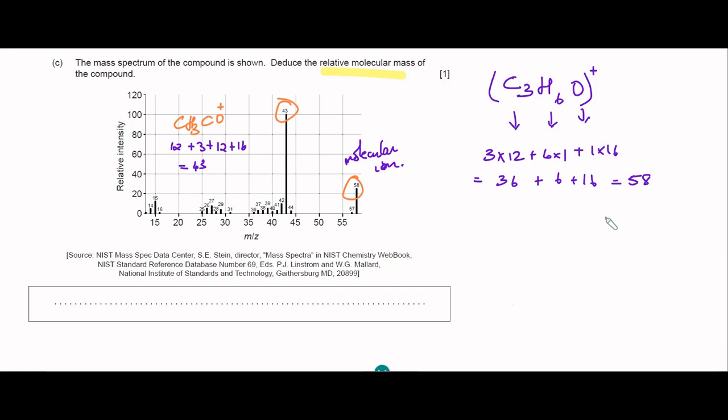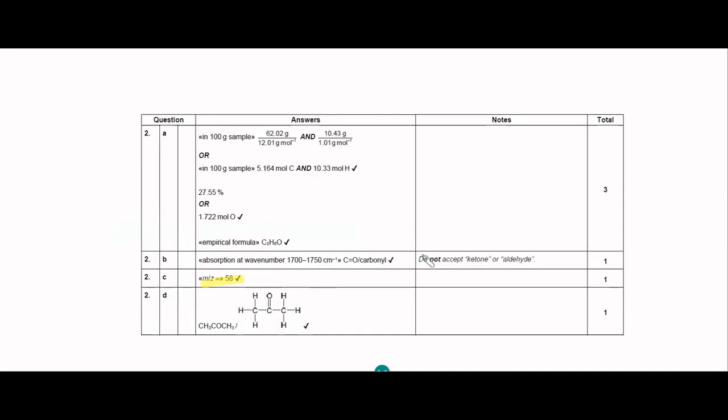We have got the relative molecular mass as 58 from the molecular ion peak. The question is asking us to deduce the molecular mass of the compound. Molecular mass is equal to 58. This is the answer. Let's check the marking scheme. So there you go.